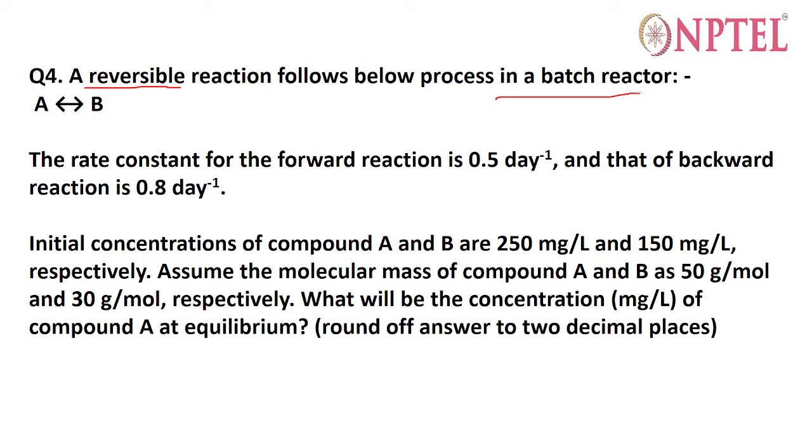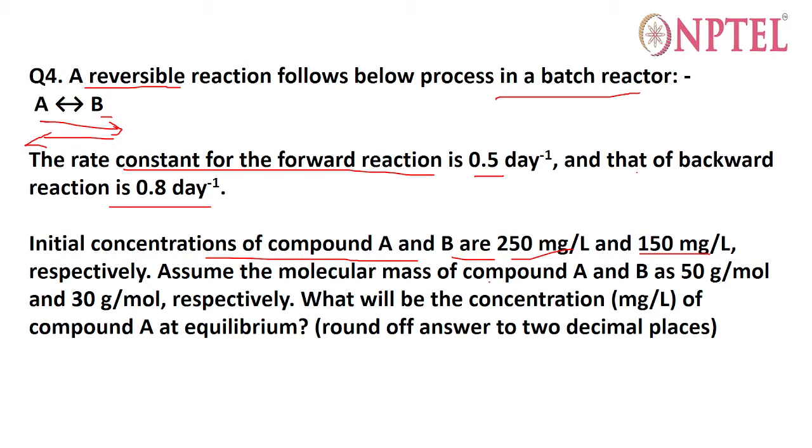The batch reactor process: A is converting into B, and again B can be converted into A. So the rate constant for the forward reaction is 0.5 day inverse, and the backward reaction is 0.8 day inverse. The initial concentrations of compounds A and B are given as 250 mg per liter and 1 mg per liter.